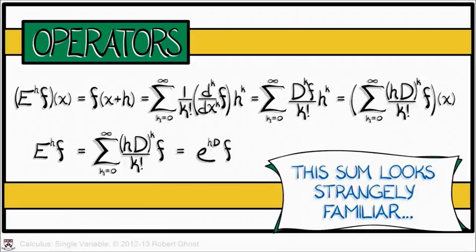But what am I exponentiating? I am exponentiating h times D, the differentiation operator, and applying that to f. If we remove the dependence on f, then what we see is that this shift operator, capital E to the h, is precisely the exponentiation of h times the differentiation operator.